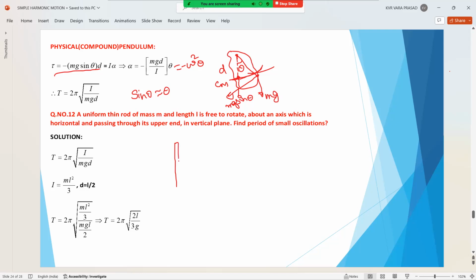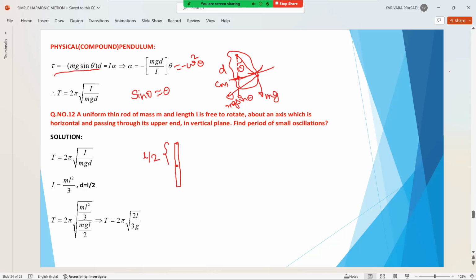A uniform thin rod suspended at the upper end. Center of mass will be at the midpoint. That means d value is L by 2.